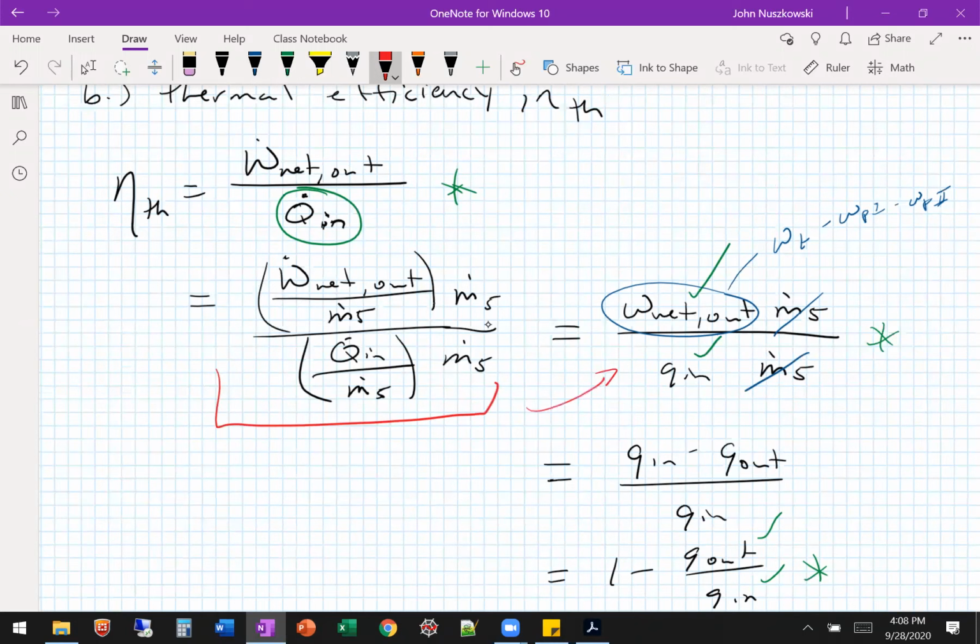You just have to recognize that this is all divided by mass flow rate 5, right? We hadn't realized this until this moment because in previous problems it didn't matter, because it was always the same mass flow rate, right? But now it really does matter, right? So that's why I showed this, if that's what you're asking. Yes, that's why I showed that step.